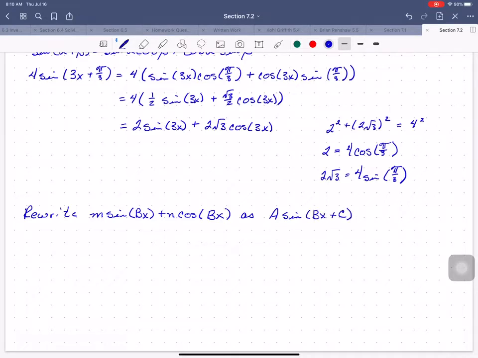So in the example we just did, a would be 4, b would be 3, and pi over 3 would be c.